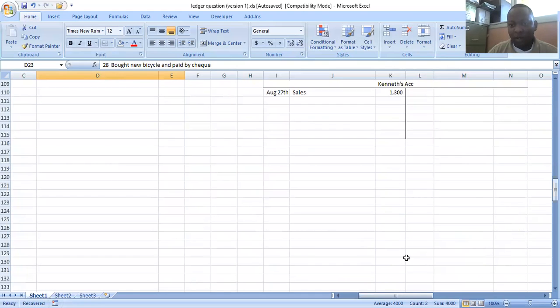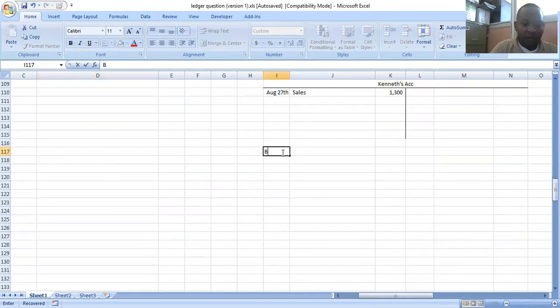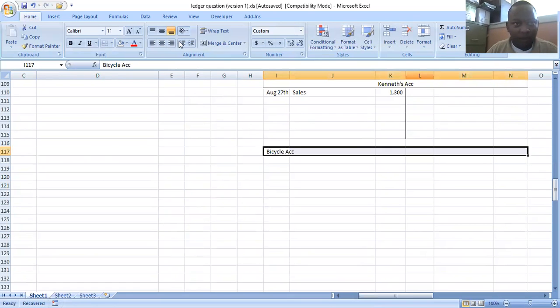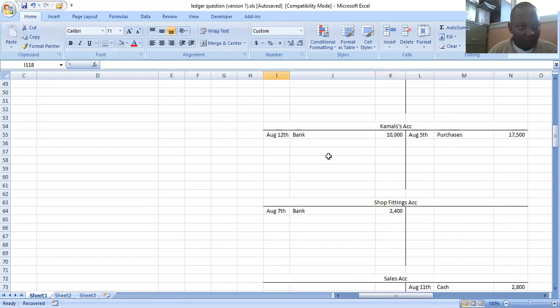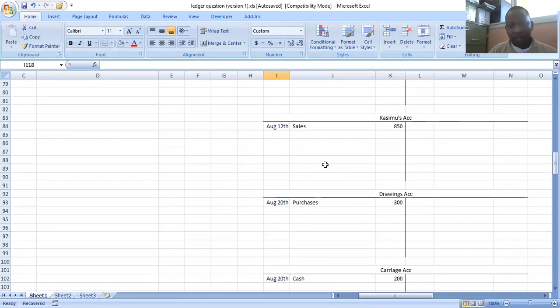You don't have a bicycle account as yet, so you open one. So you open a bicycle account and debit. You shall debit the bicycle account on August 28th.